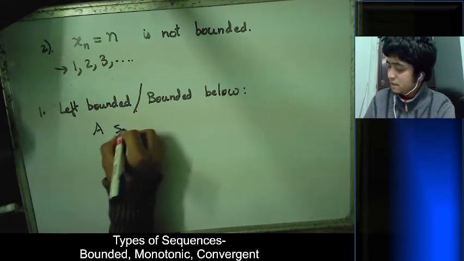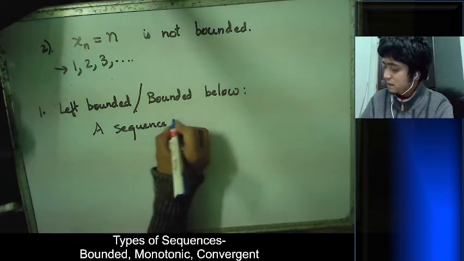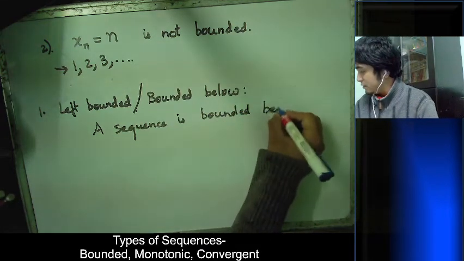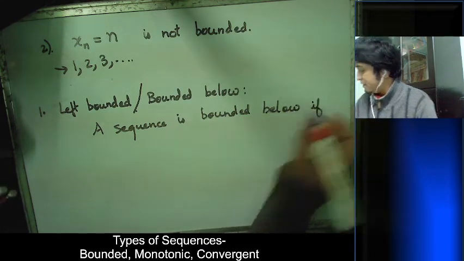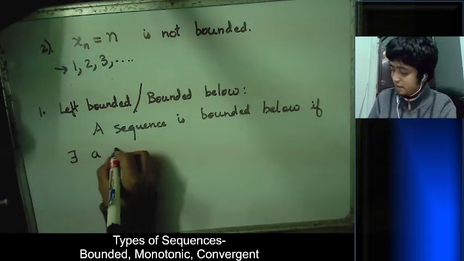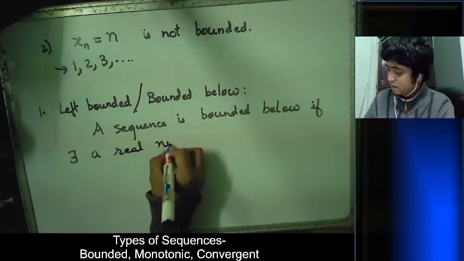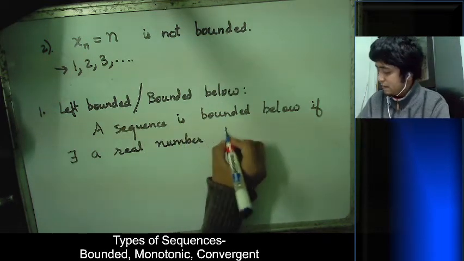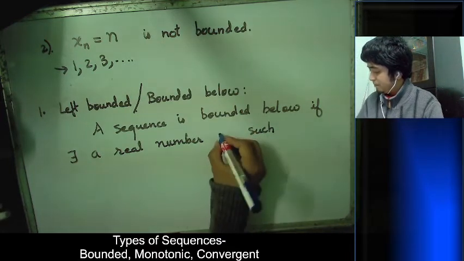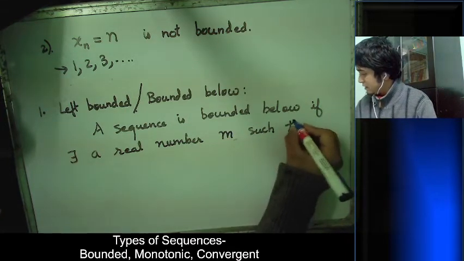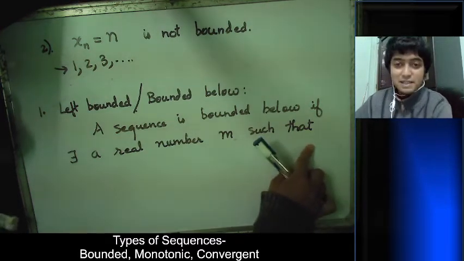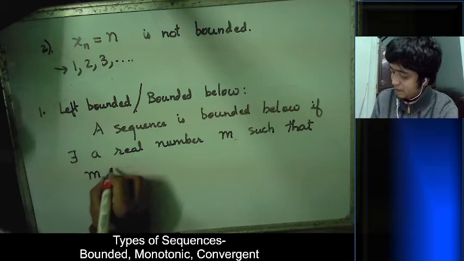A sequence is bounded below if there exists a real number m such that, okay, m.